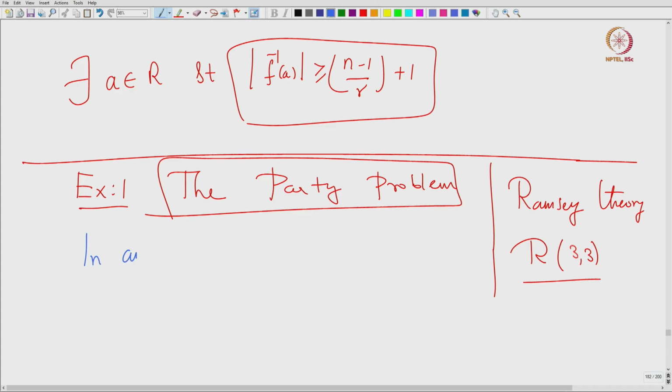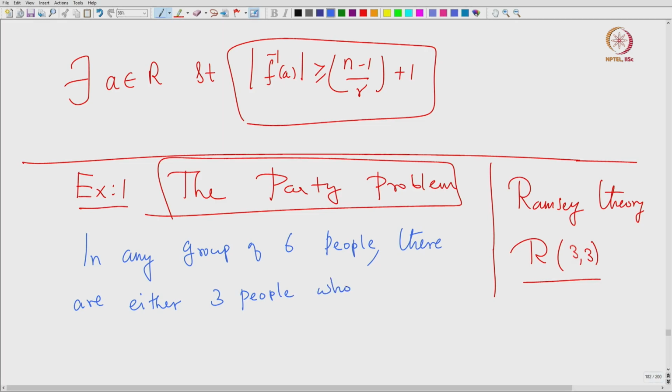Let me state it: in any group of 6 people, that means you take any party with 6 people, there are either 3 people who all know each other, or 3 people who are all strangers to each other.